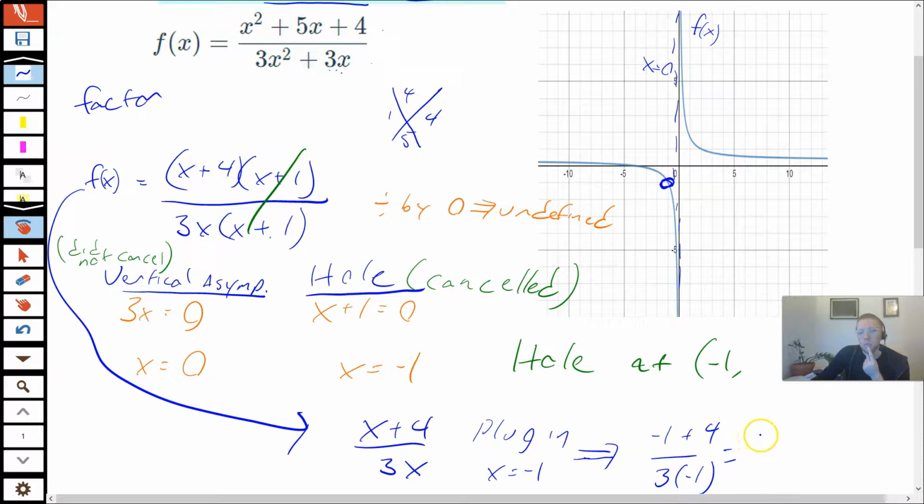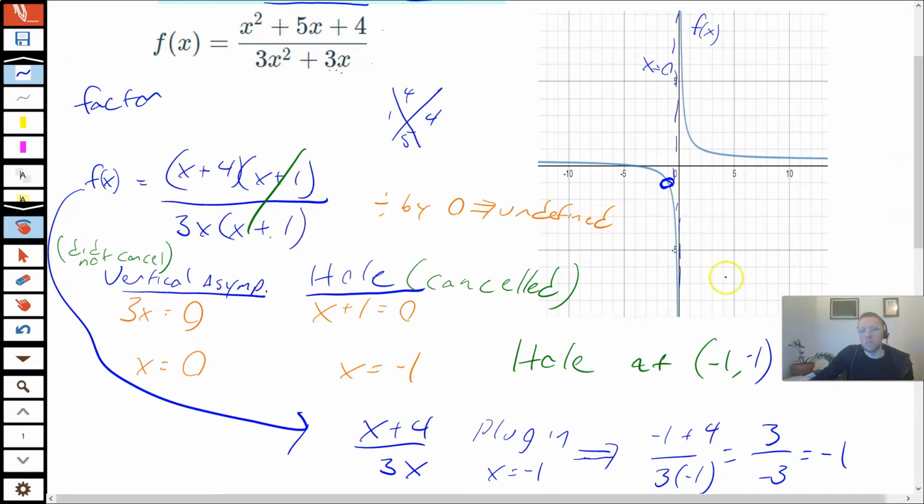That gives me 3 on top and negative 3 on the bottom, which is negative 1. So I plugged in my x, got a y, and that confirms what I'd see on the graph. So that last piece, checking where the hole is, is the piece we were kind of stuck on, I think, a little bit before break. So hopefully that is helpful to you.